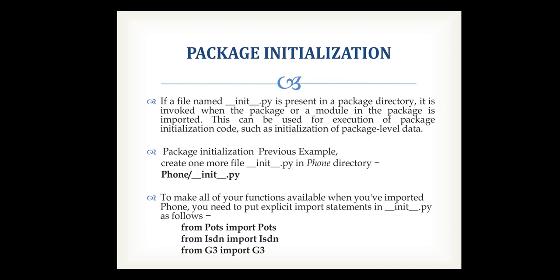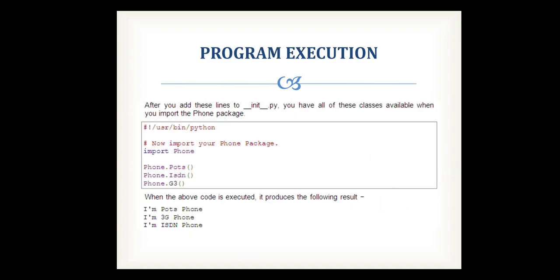Okay, so in the execution section, at the time of program execution, just import Phone. When you are using that particular package, that is Phone dot, you just use the Pots function, ISDN function, and G3 function. So it is directly going to print the result: I'm Pots Phone, I'm 3G Phone, and I'm ISDN Phone.